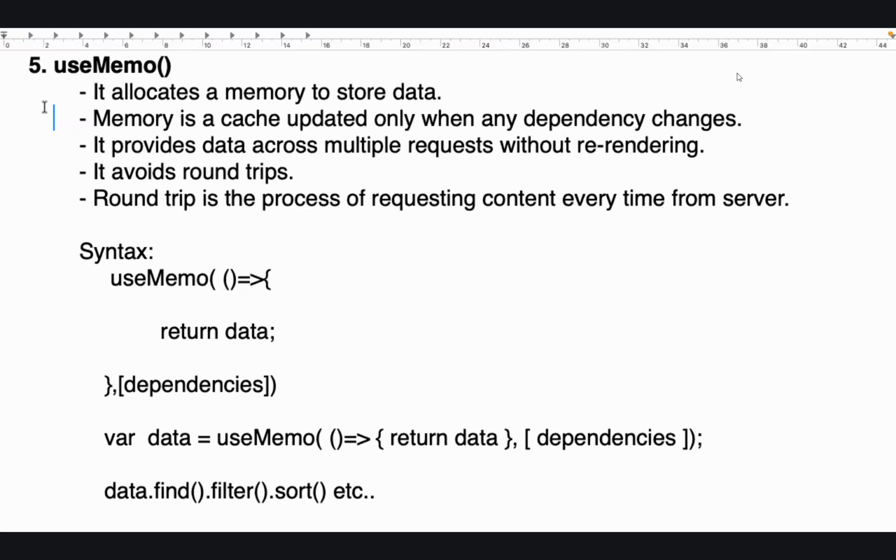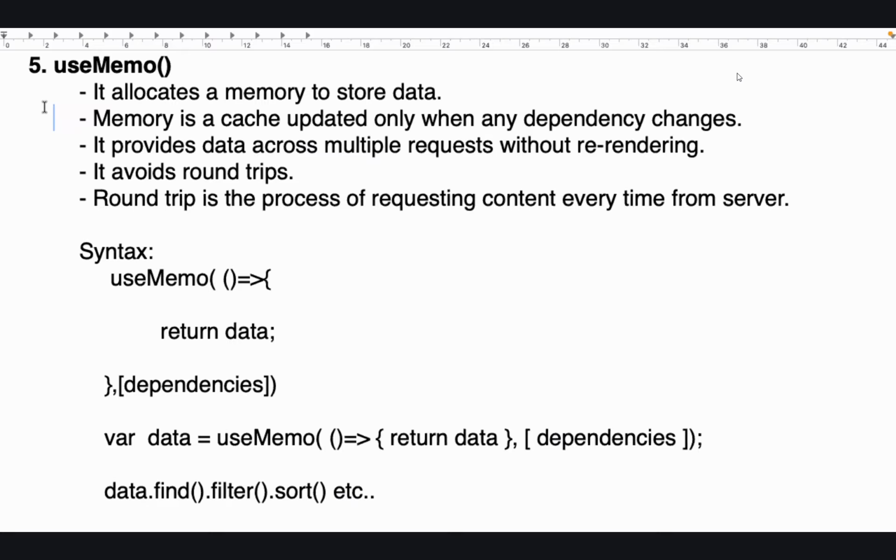That means you can cache entire functions also, so that the function remains the same across multiple requests and avoids re-render. Whenever the user clicks login again, it will not get from the server, it will get from the cache. That is done by using useCallback.